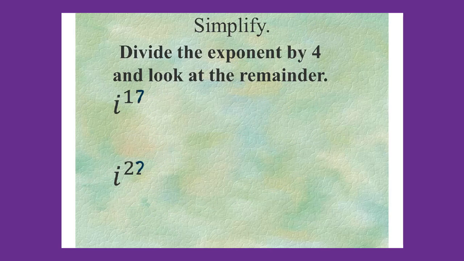For example, i to the 17th. You divide 17 by 4, and the remainder equals 1. That means it equals i to the 1st power, which is i. That's how you do that. For 22, 22 divided by 4, we know the remainder is 2.